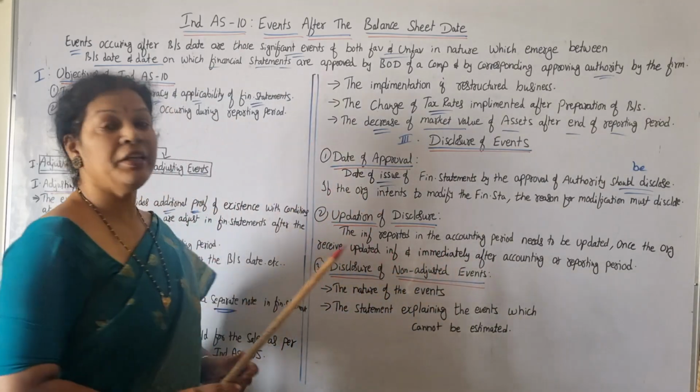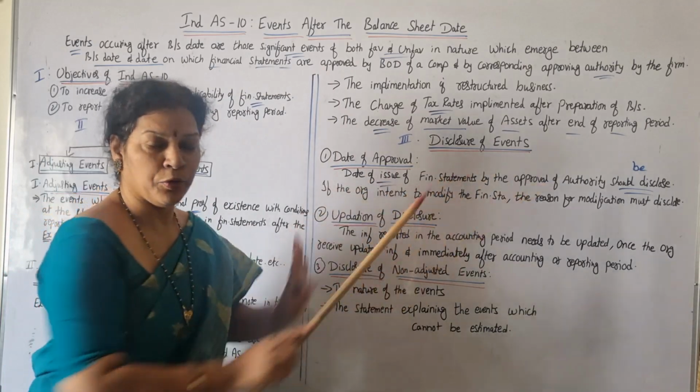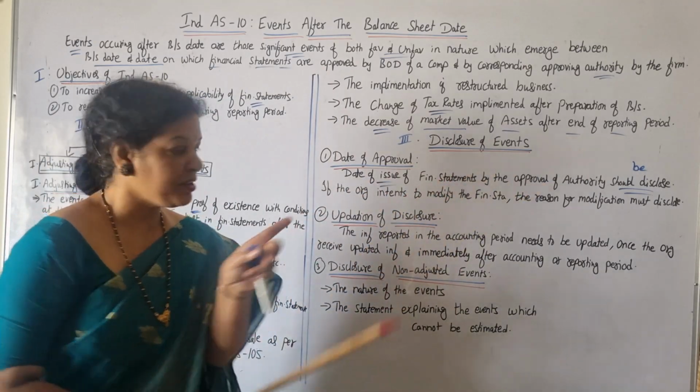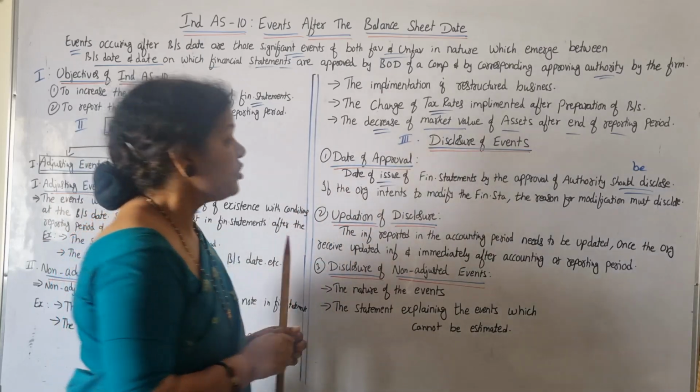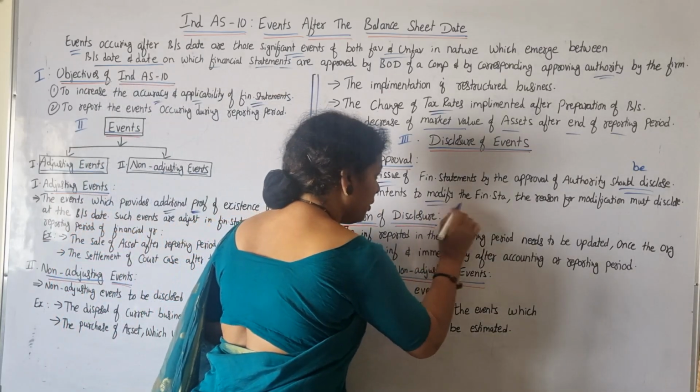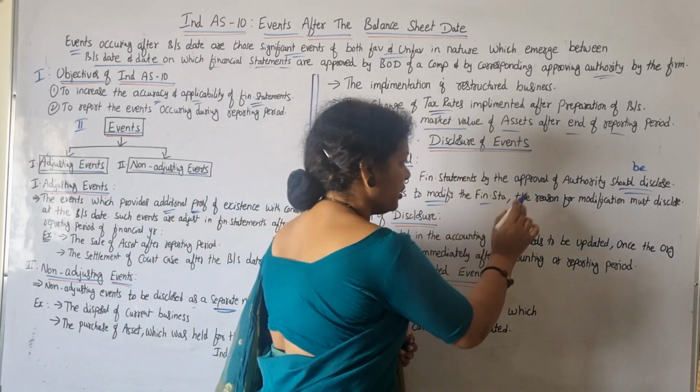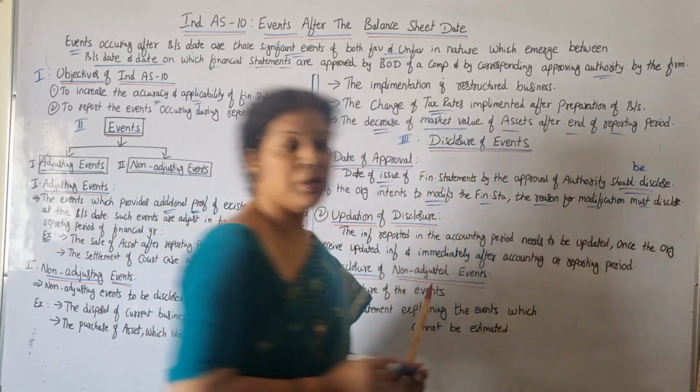If the organization intends to modify, they have to mention it. Second clause is here, if the organization intends to modify the financial statements, the reason for modification must be disclosed.